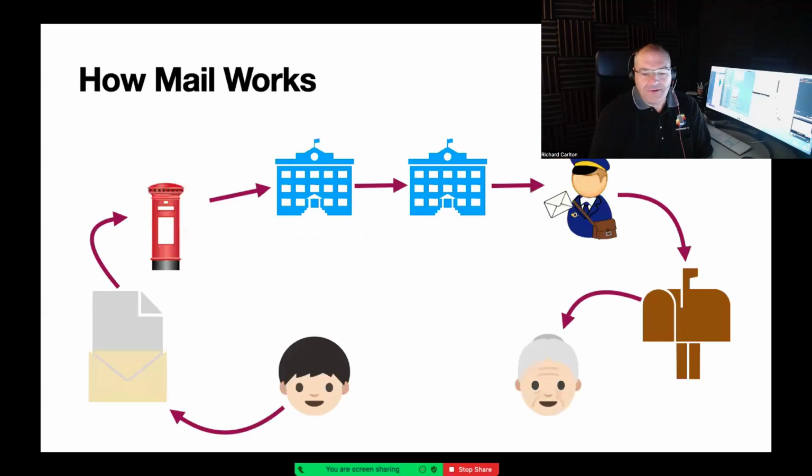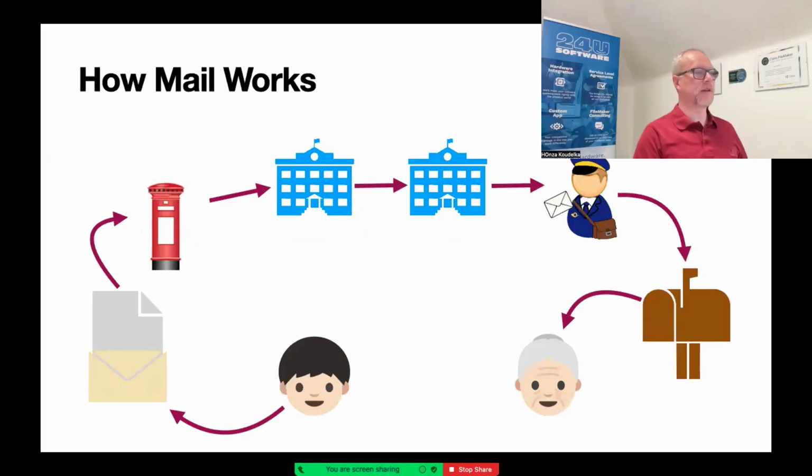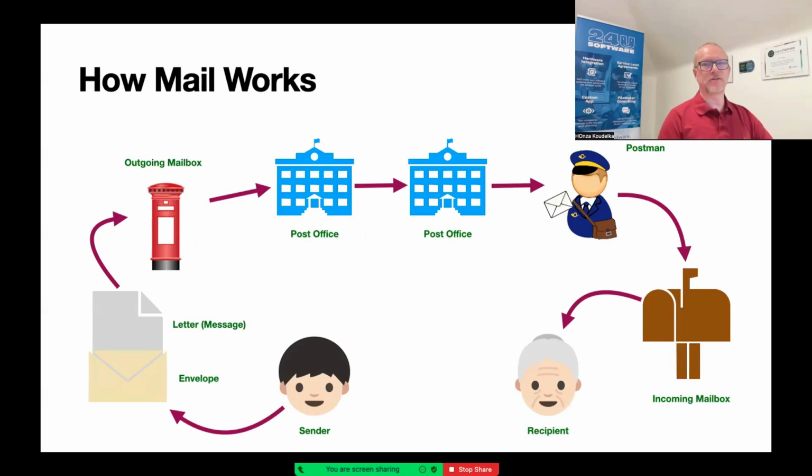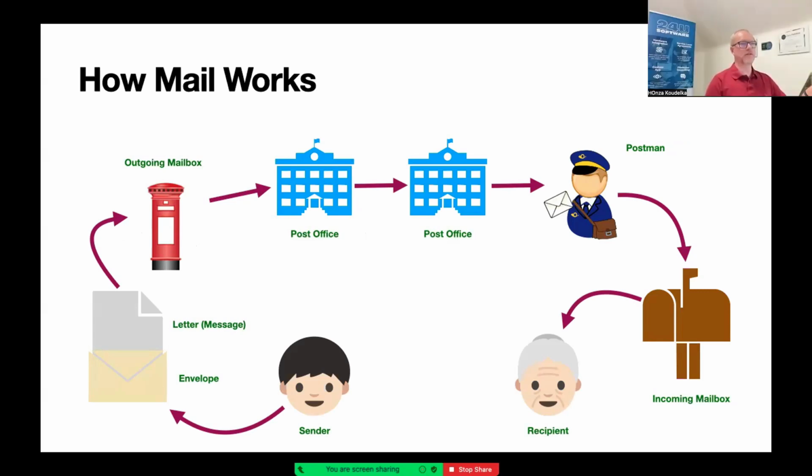You're good. Go. Okay. So let me start with telling you how mail works. It's just a reminder, and that's how regular mail works. And we all know this, or maybe the young people don't, but the older ones of us know what this is about.